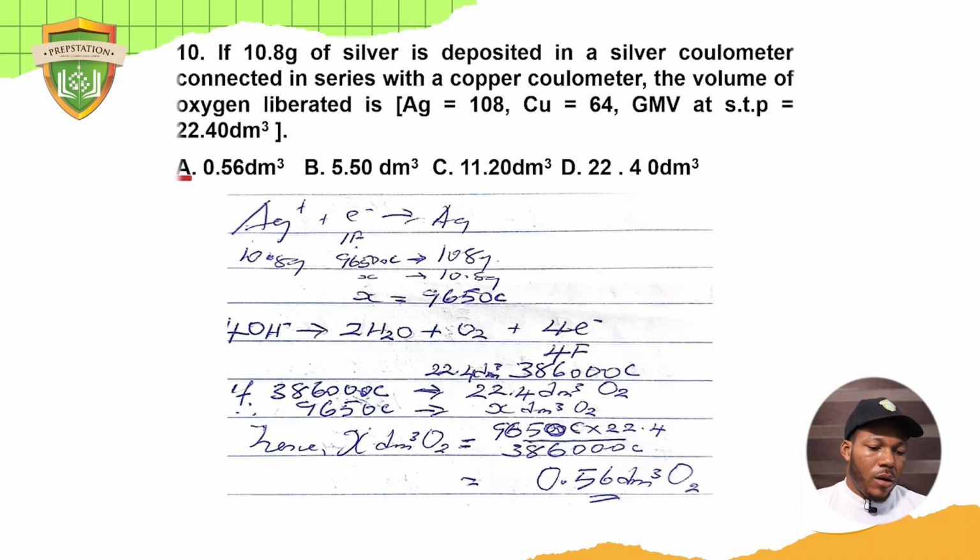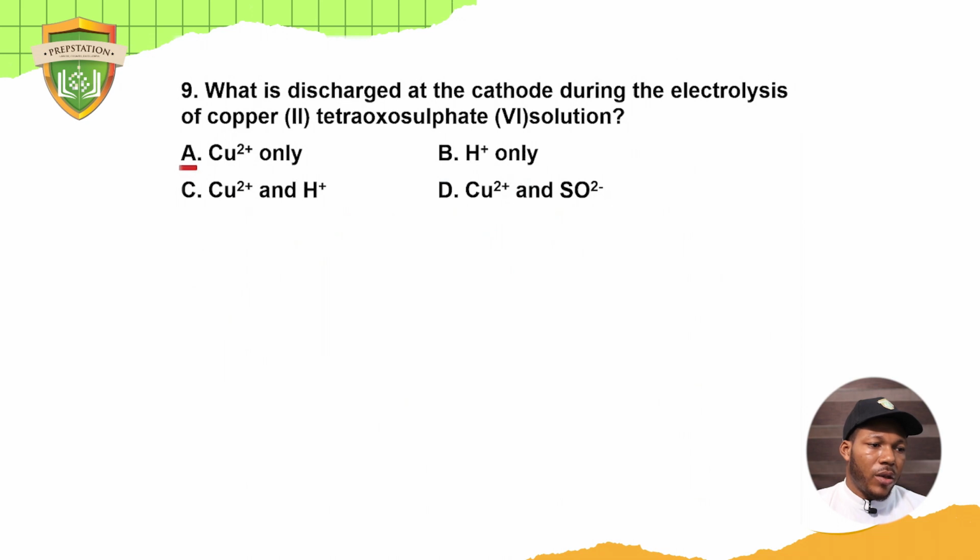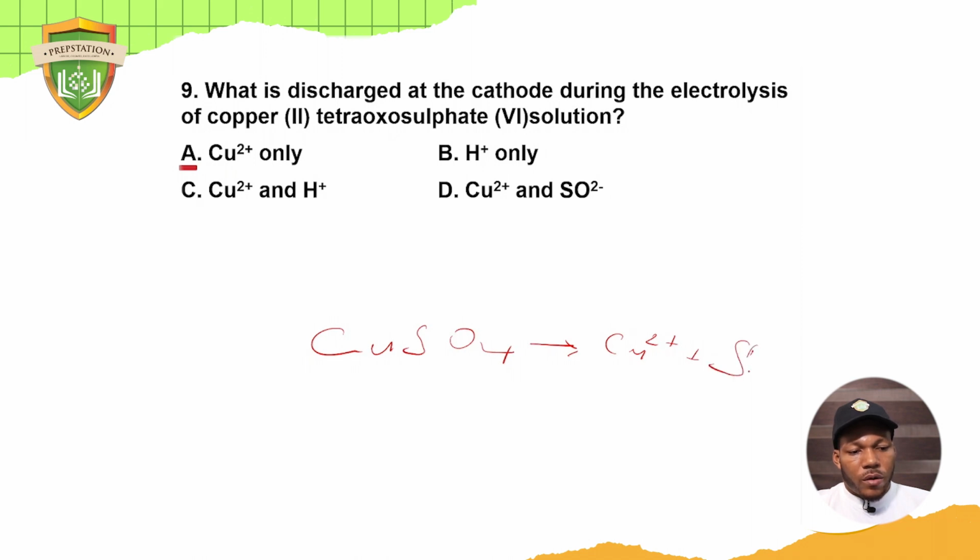Okay, let's check another example. What is discharged at the cathode during electrolysis of copper 2 sulfate? We have done this before. Where is the cathode? The negatively charged electrode. When copper 2 sulfate dissolves, it will give us copper ion and sulfate ion, SO4 2 minus.